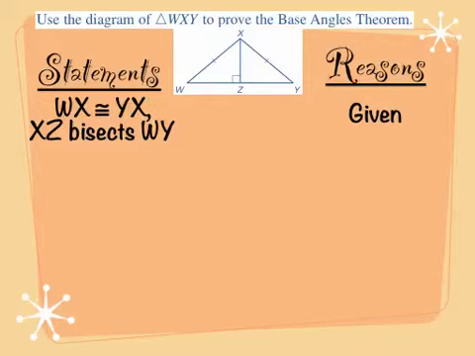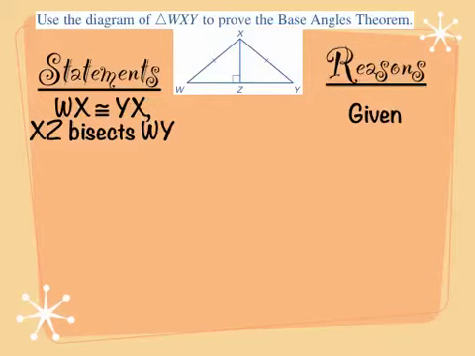So we're trying to prove, essentially, that angle W is congruent to angle Y. And to do that, we're going to split this and think about it as the two smaller triangles, WXZ and XZY. So if we can prove that the two smaller triangles are congruent, then we can use that statement that we talked about a lot in the last section, that corresponding parts of congruent triangles are congruent.